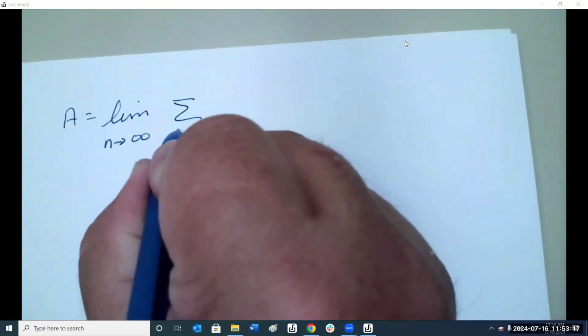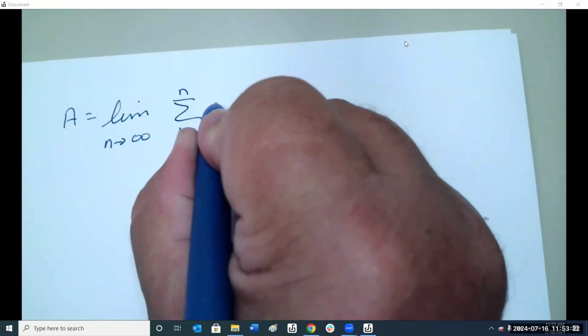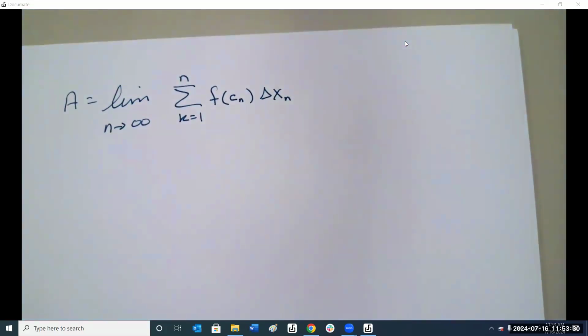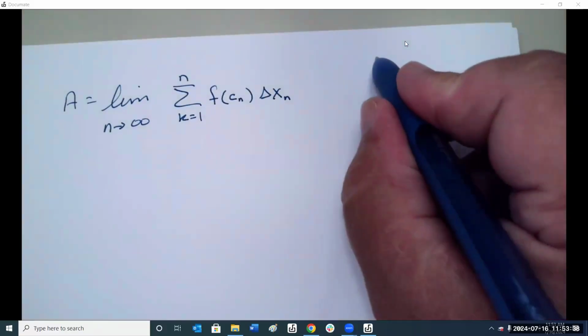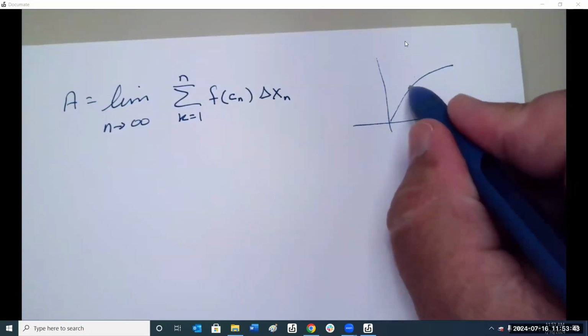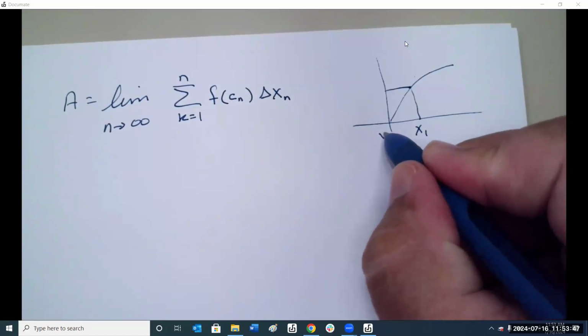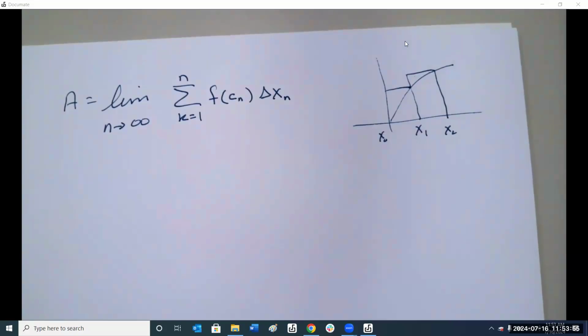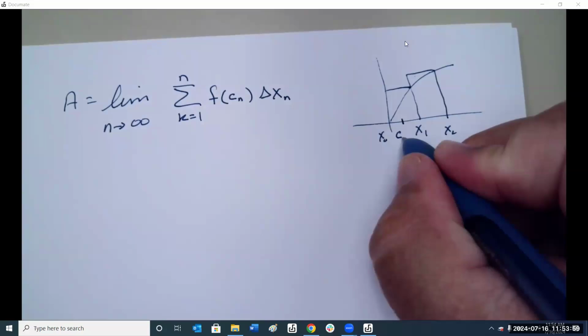So if we have an infinite number of intervals, then we take the limit as n goes to infinity, and in order to get the best answer for each of our intervals, if we took the midpoint, let's call that C.